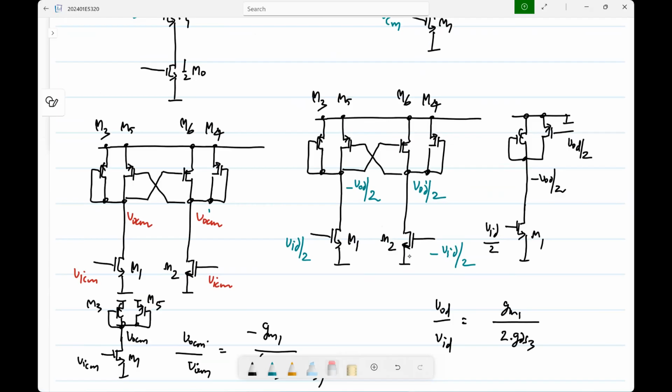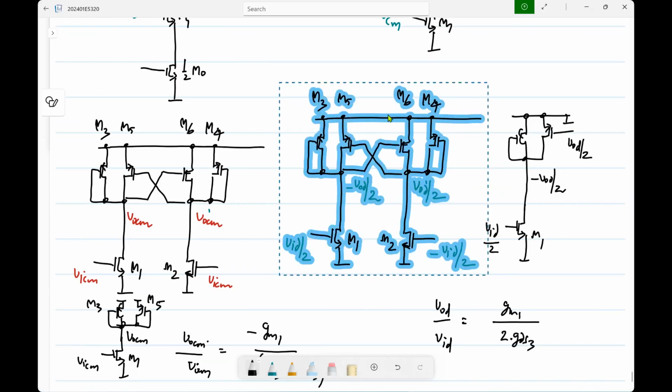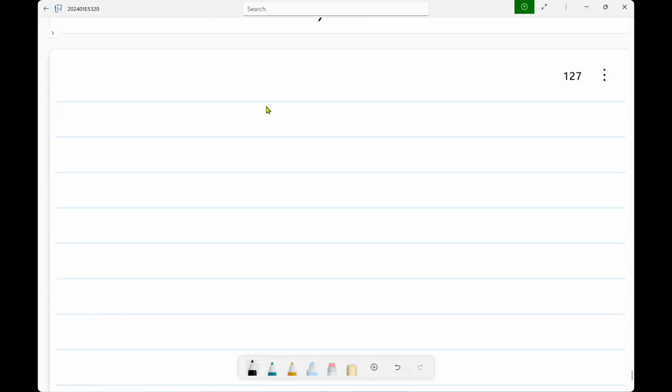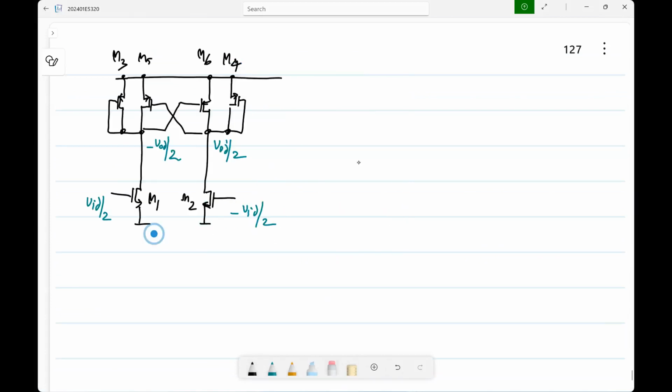So now, if I take this for instance, and use a differential pair here, what happens?